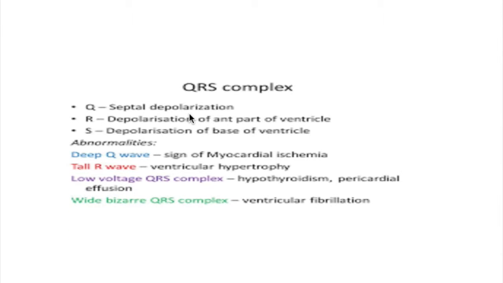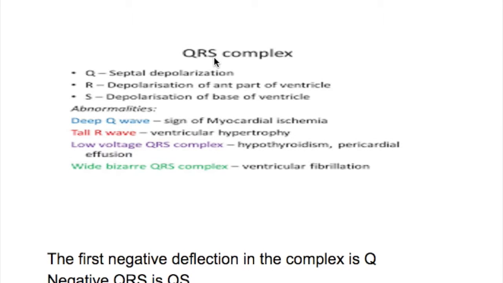So the three parts of the QRS are Q, R, and S. What's Q? Q is the first negative deflection of the QRS complex and represents the septal depolarization.